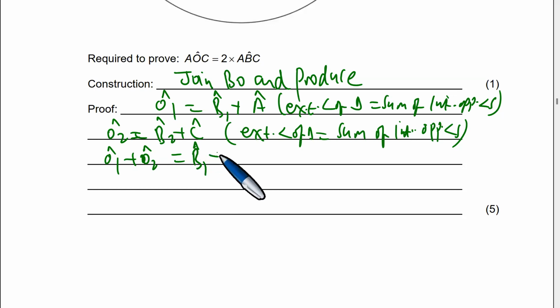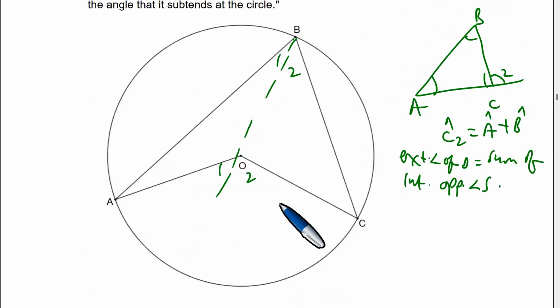So you'd have B1 plus A plus B2 plus C. What is B1 plus B2?